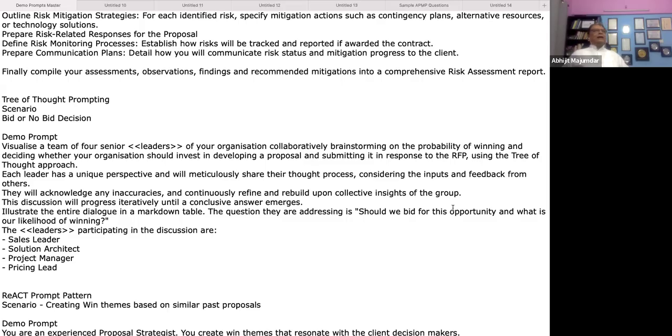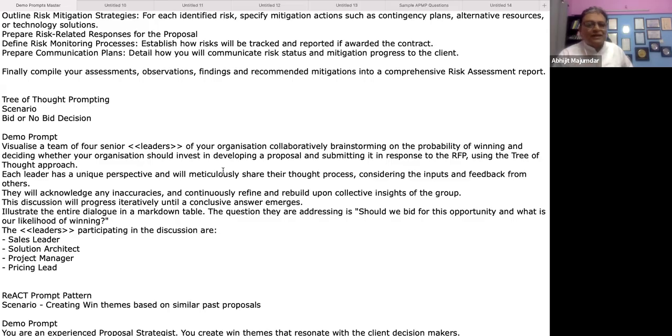I will ask them to brainstorm and put forward each individual's thoughts, and then based on their thoughts I will take a collective decision of whether the organization should bid or not. So visualize a team of four senior leaders of your organization collaboratively brainstorming on the probability of winning.